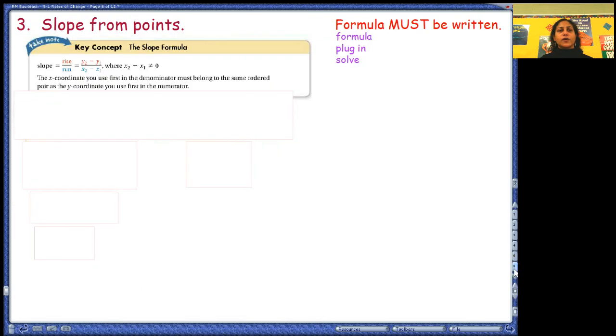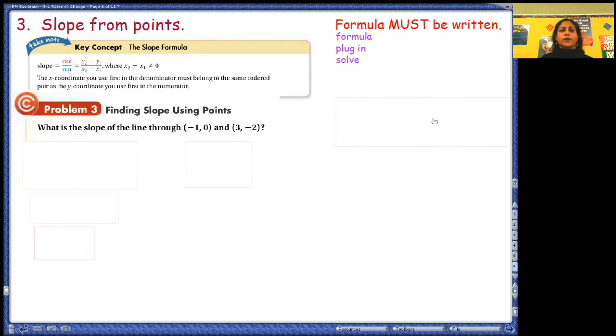The next thing we're going to do is how to find slope from points. I need you to copy down the definition of what is the slope, and then we're going to use it. So let's say we are given a question which says, what is the slope of the line that passes through these 2 given points?